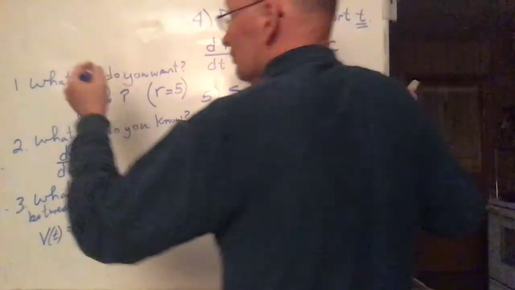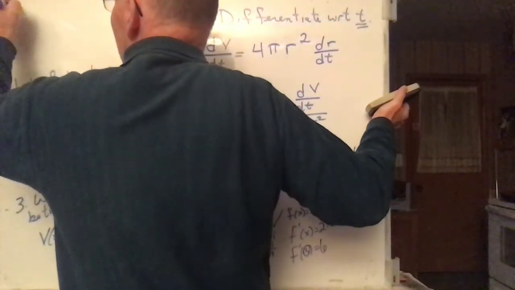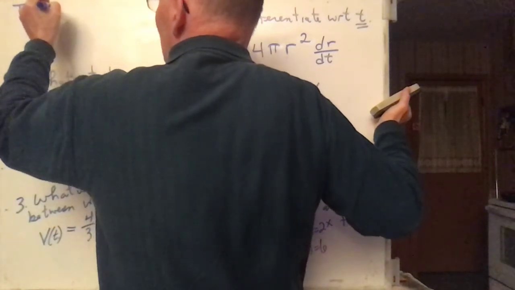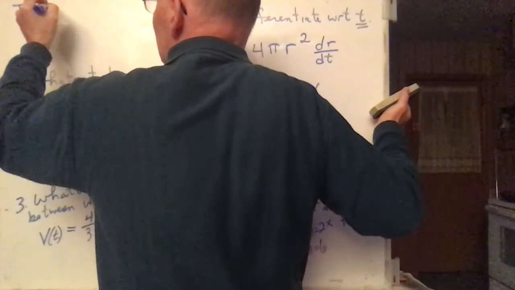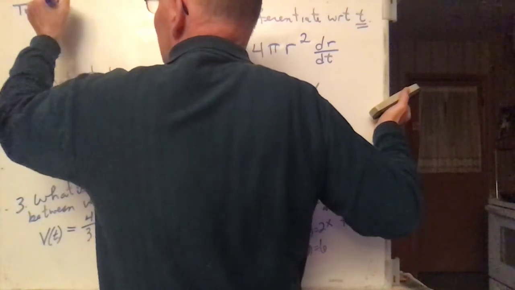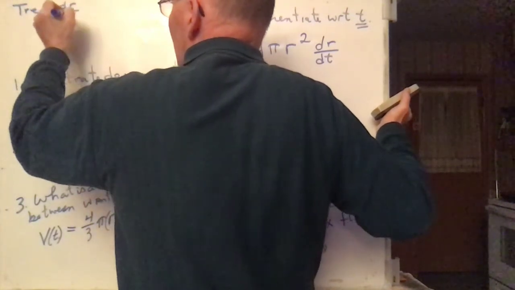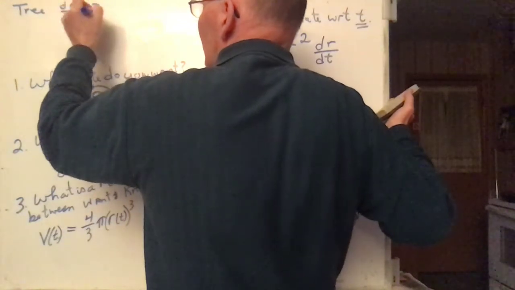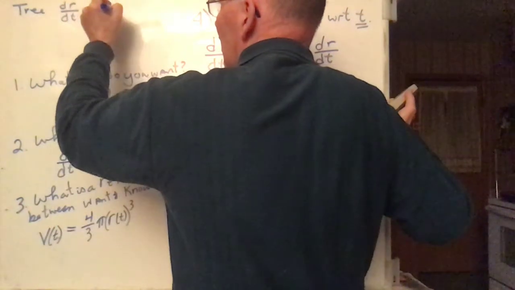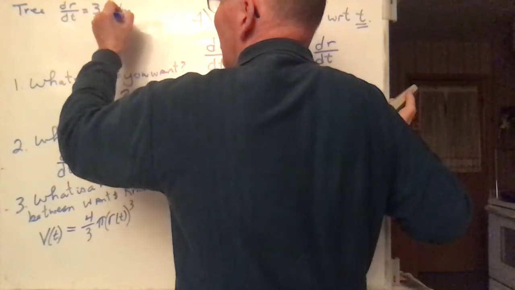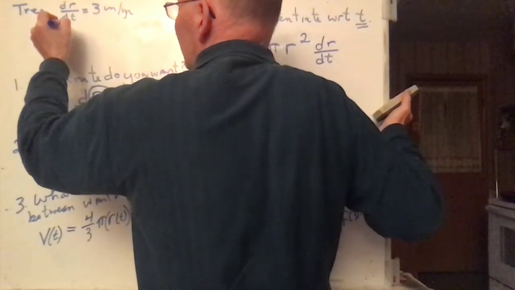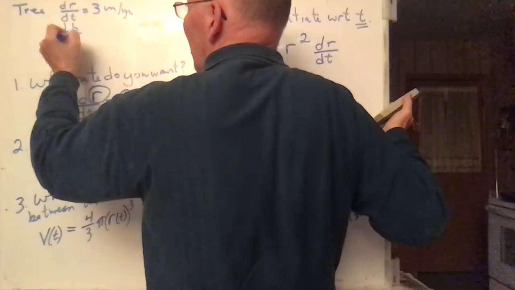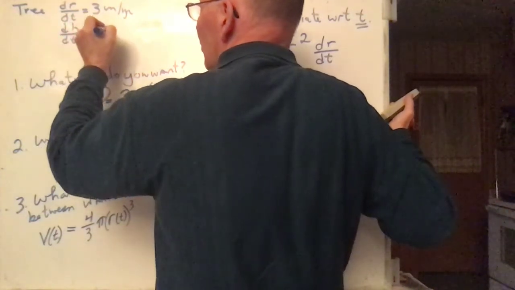Here's another one. You've got a tree where the radius is growing. I'm just going to write right off the bat the rate at which the radius of the tree trunk is growing at a rate of 3 inches per year, and the rate at which the height is changing is 10 inches per year.